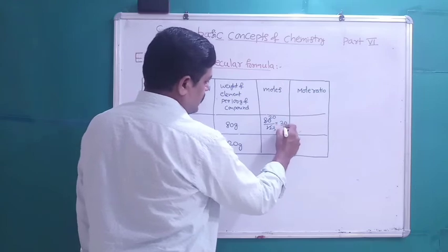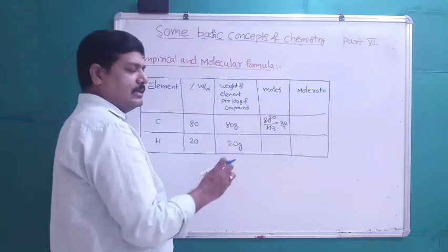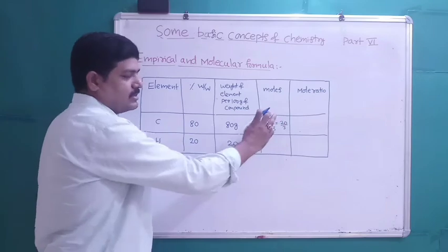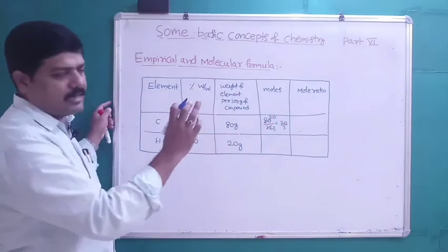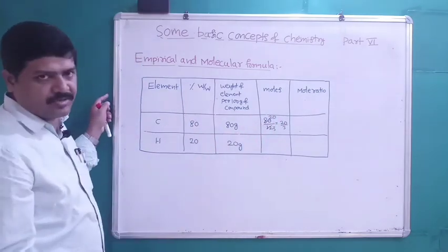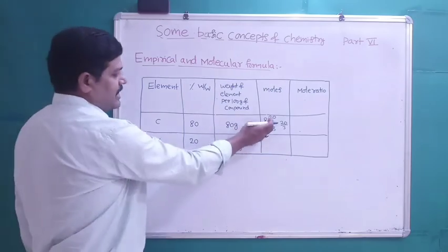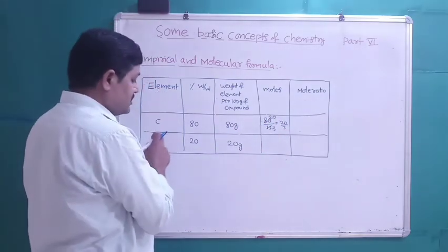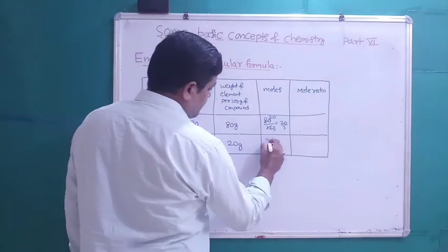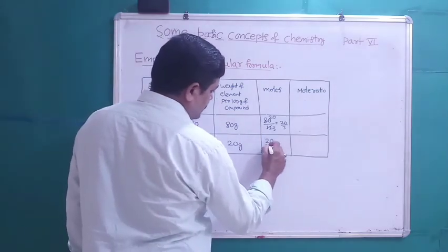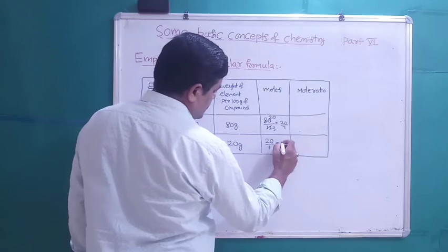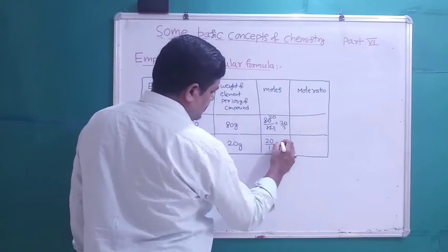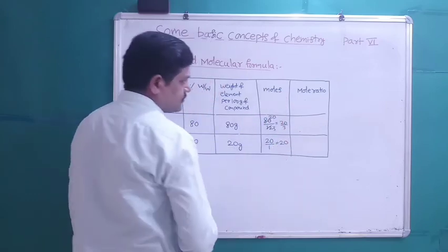No need to simplify it further, because it may get cancelled in the later calculation when we are finding the mole ratios. So 80 by 12, that is 20 by 3. For hydrogen, it is 20 divided by the atomic mass of hydrogen, which is 1. So the moles of hydrogen is 20.